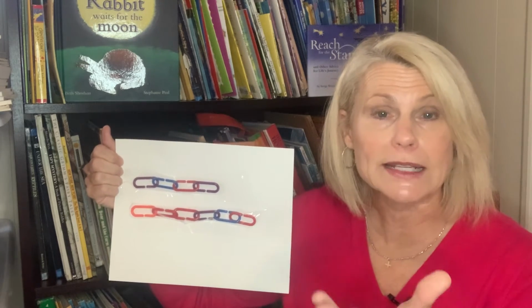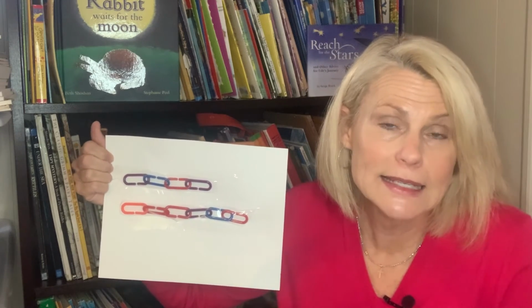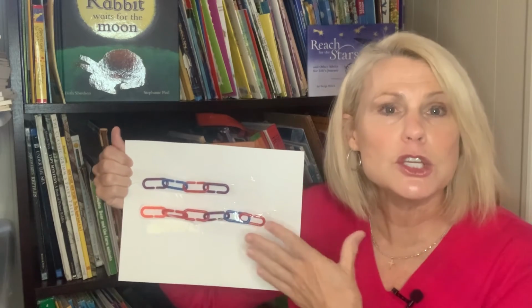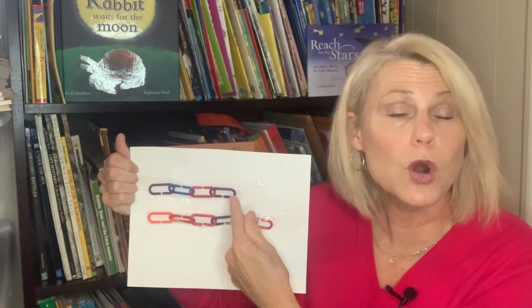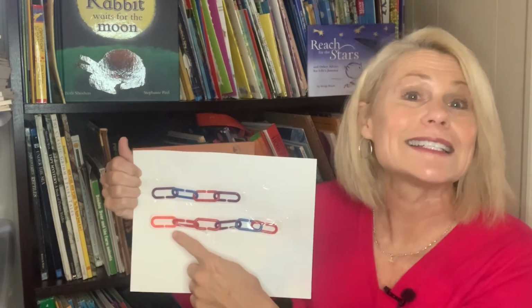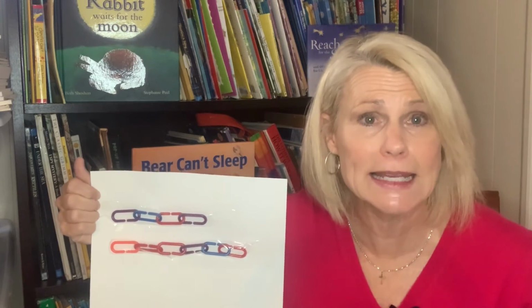Talk to them about it. How do you know? What tells you that? And then just continue letting them talk about 6 is greater than 4. 4 is less than 6. You may want to place those number cards right there to show how many those links represent.